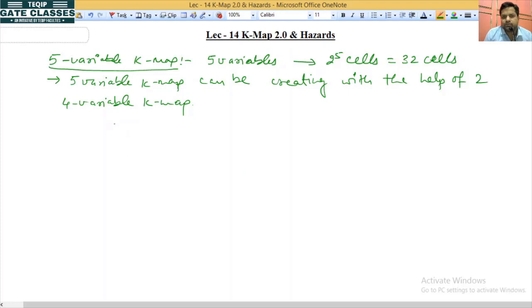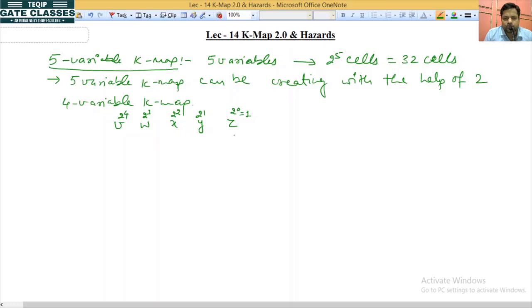If you want to write the combinations of input here, we have 5 variables: V, W, X, Y and Z. If you want to write the combinations for this, it will be 2 to the power 0, 2 to the power 1, 2 to the power 2, 2 to the power 3, 2 to the power 4. So how many combinations will be there? 32 combinations we know. 2 to the power 0 means 1.